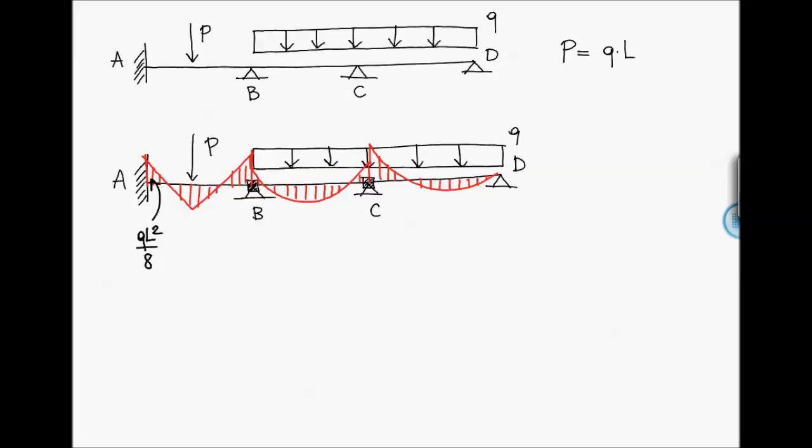In this case, the bending moment is PL over 8. P is equal to QL, so the final result for the bending moment is QL squared over 8 on both sides. Then on beam BC, we have two bending moments at the supports equal to QL squared over 12.